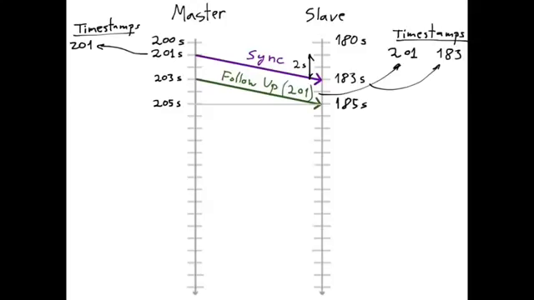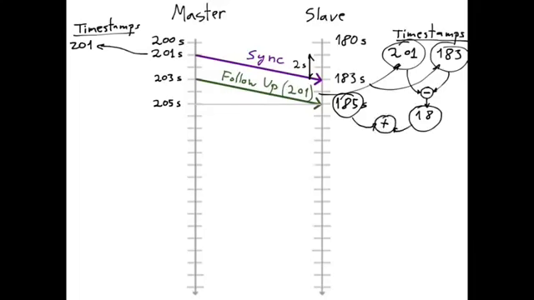This is achieved as follows. Basically, the slave calculates the difference between the two timestamps, which in this example gives as a result a value of 18, and then takes that result and adds it to the current value of its own clock, which in this example yields 203 seconds.